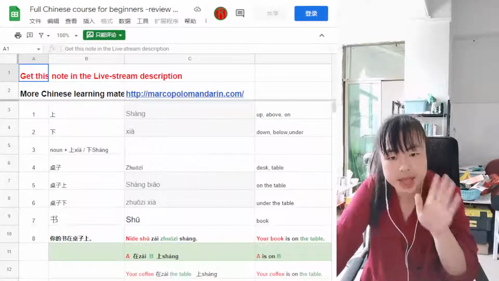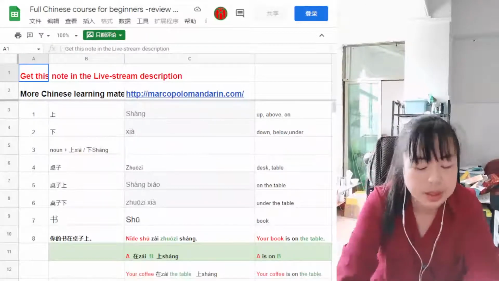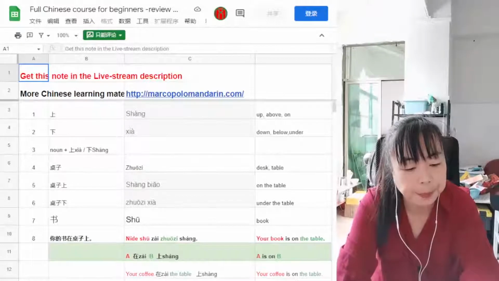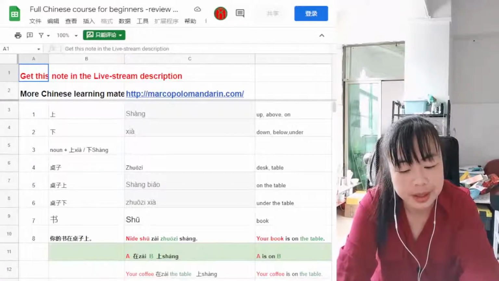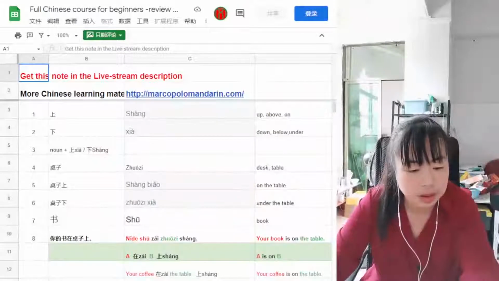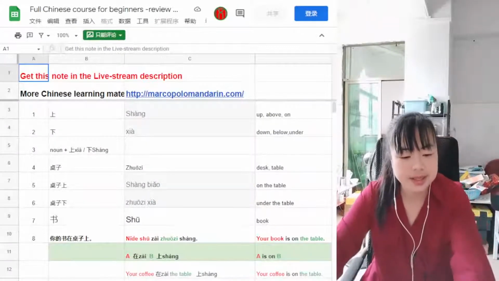Now, step 3. How do you say your cup is? 你的杯子, and then 在, and then 书, and then 的, which is the optional one. 上边, yes, that's the sentence.